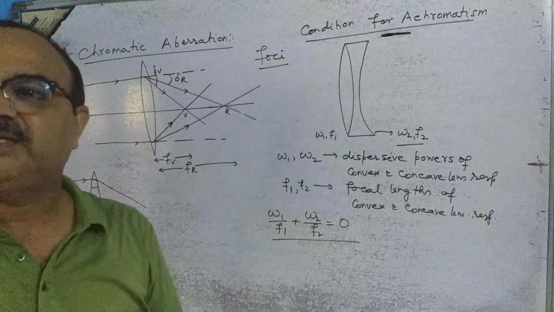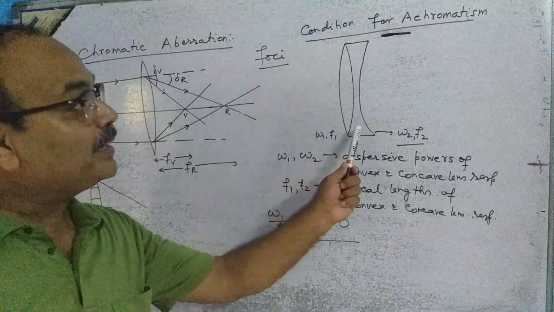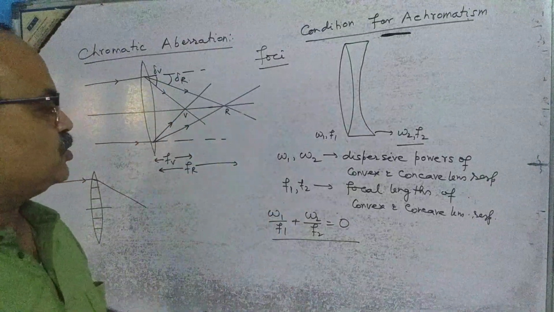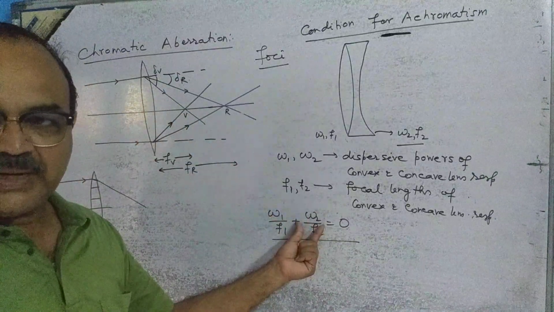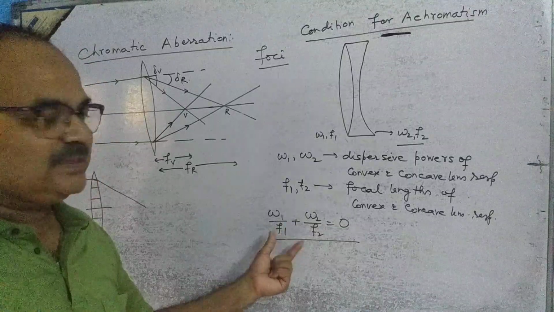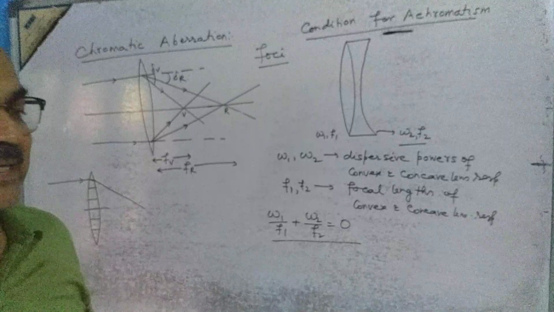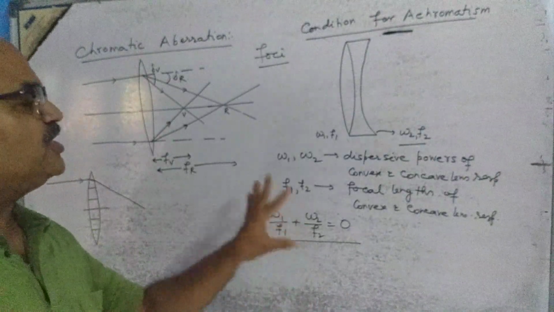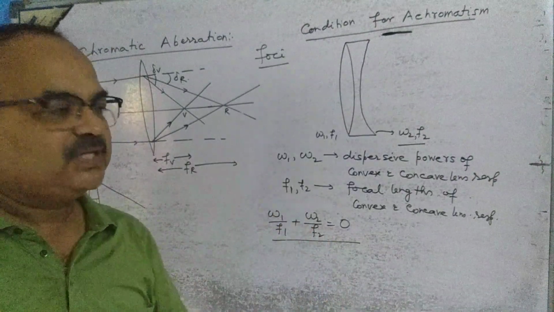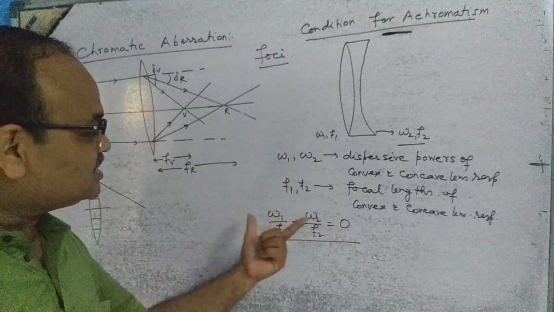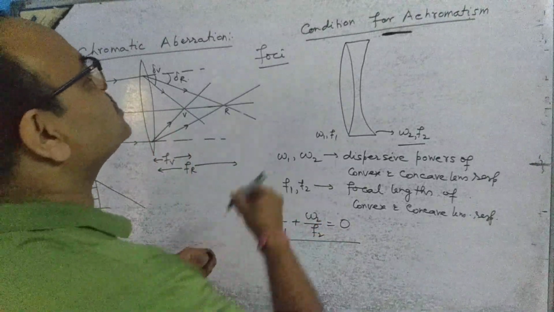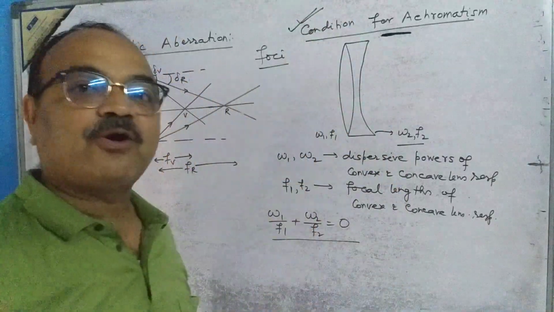That is why I say a suitable concave lens, so that omega 2 by f2 plus omega 1 by f1 will be equal to 0. This condition should be satisfied. Then only this is possible. And this condition is called the condition for achromatism.